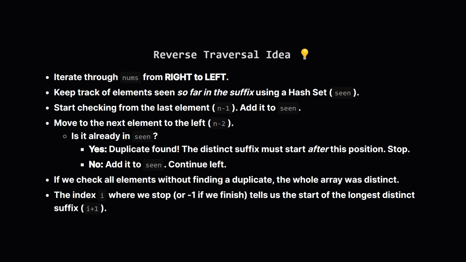Add it to seen and keep going left. We continue this process, moving left one step at a time. As soon as we encounter a number that is already in our seen set, bam, we found a duplicate. This means the distinct suffix cannot include this number. It must start immediately after this duplicate's position. If we manage to go all the way back to the beginning of the array without finding any duplicates, it means the entire array was distinct to begin with.